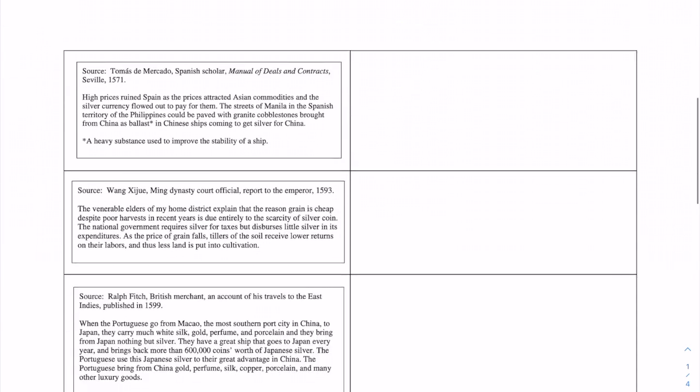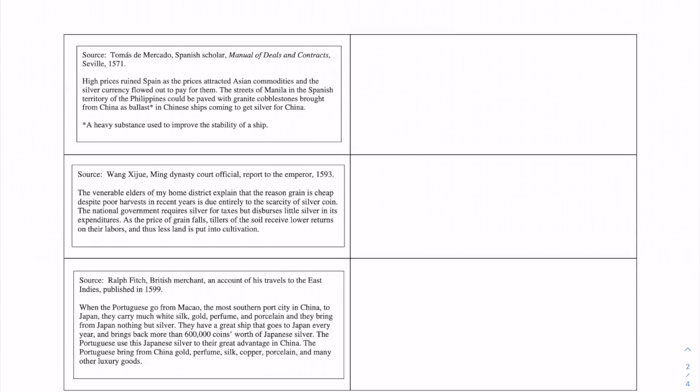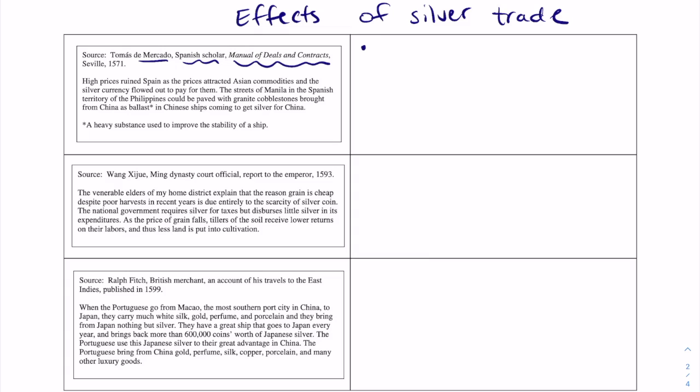So if we apply that to one of these, the first thing we're going to do is draw our conclusion. We're going to analyze this document. Remember, we're looking for effects of silver trade. When I read this document, it's by Thomas de Mercado, who's a Spanish scholar. He's writing this book, which he publishes in Spain in 1571.